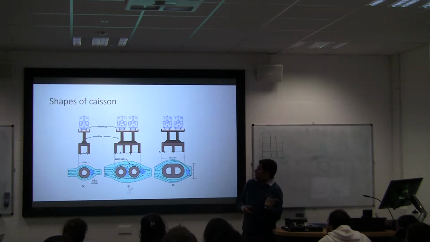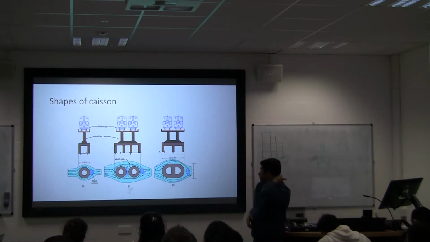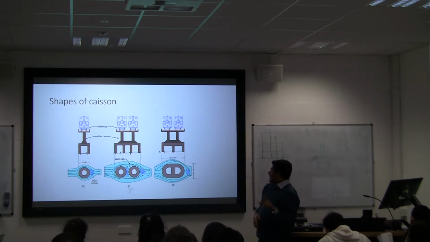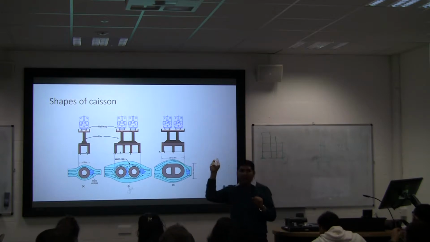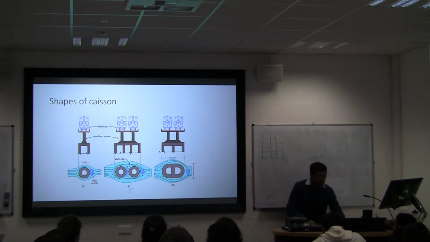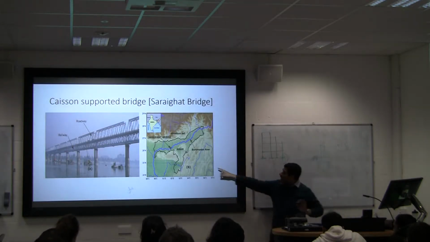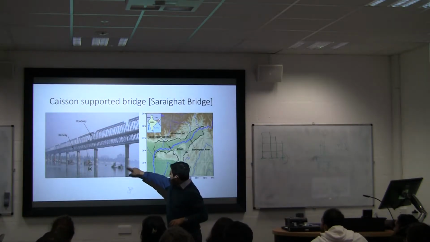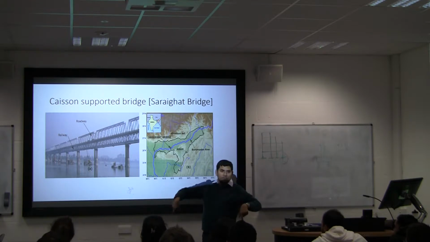And what sort of shapes they can take. Often, this particular bridge, the one I showed you before, has, if you see here, a double D type of shape.